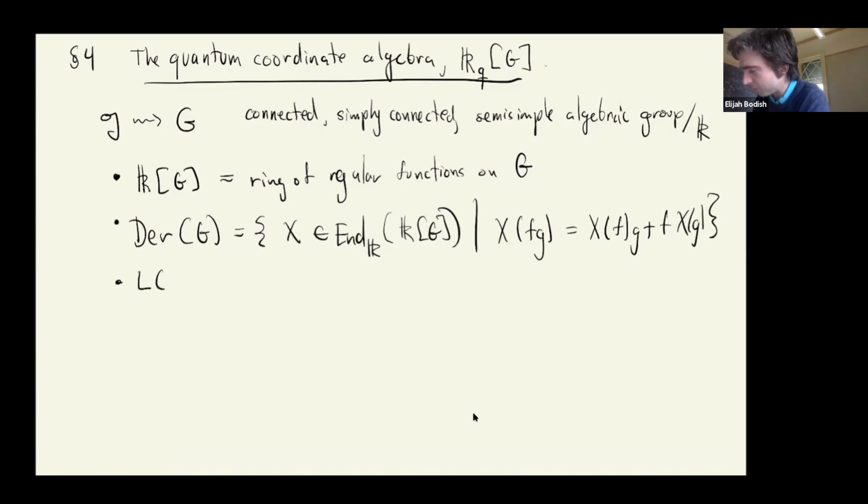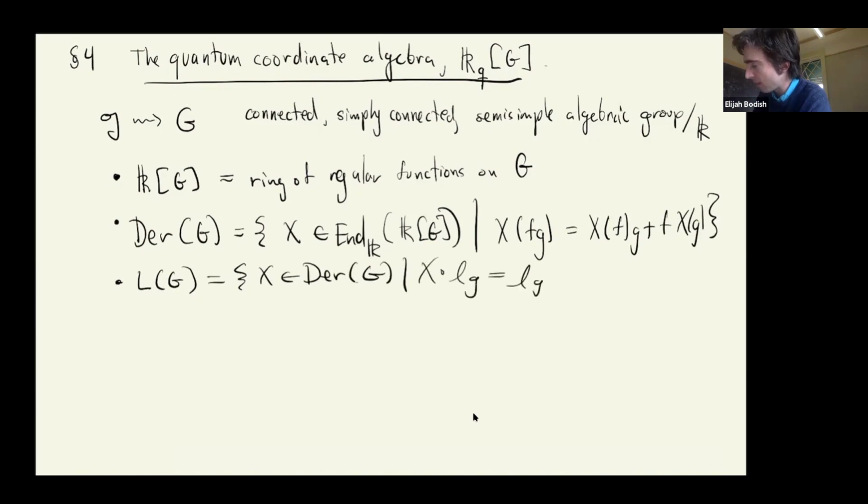And then I have a sub Lie algebra of all derivations given by the left invariant derivations. So these are X in Der K[G] such that X commutes with left multiplication acting on functions, for all g in G. This is one version of, or isomorphic to your favorite version of, the Lie algebra of G. So if you didn't start with the Lie algebra, it appears as the left invariant vector fields on your group.